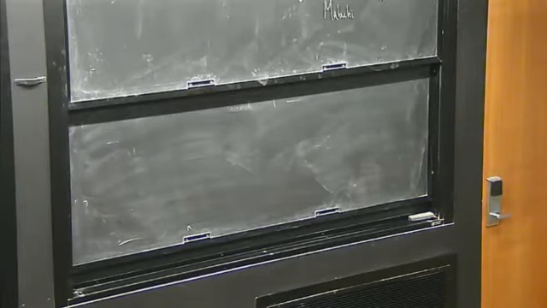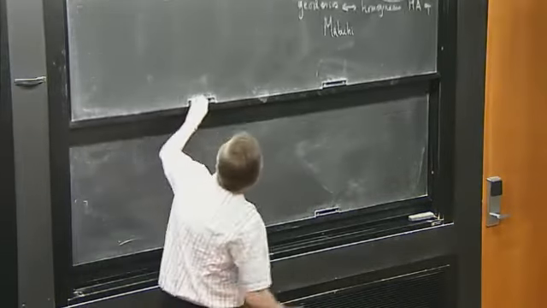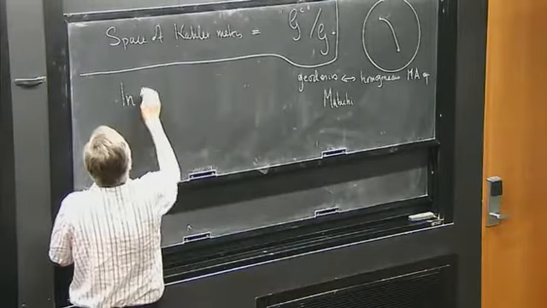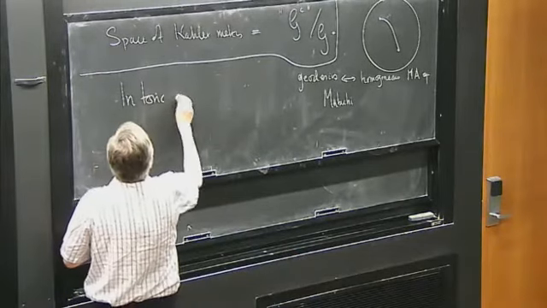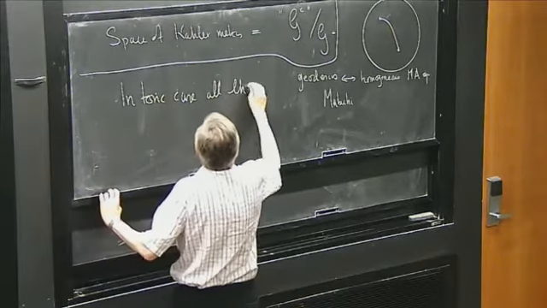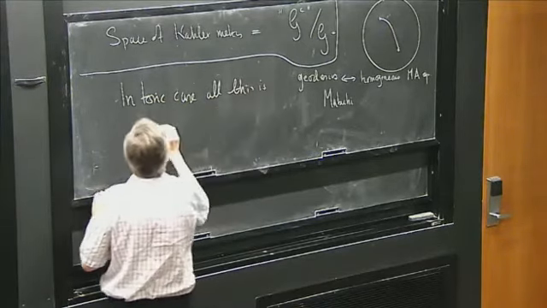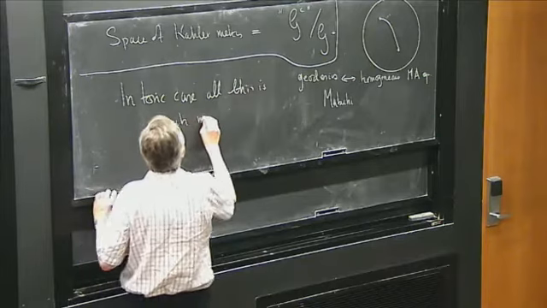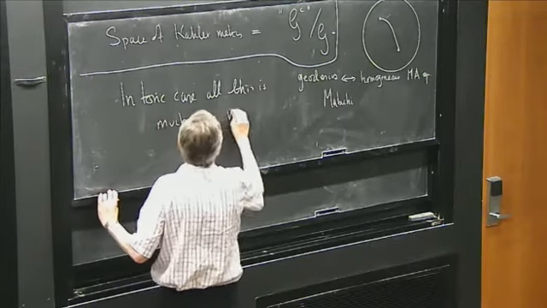So in the toric case, all this is much more visible or transparent.